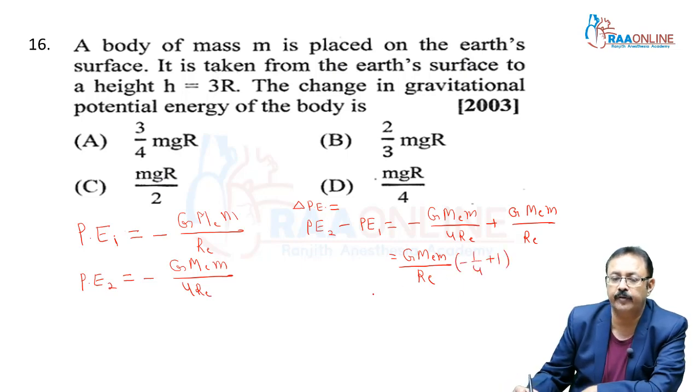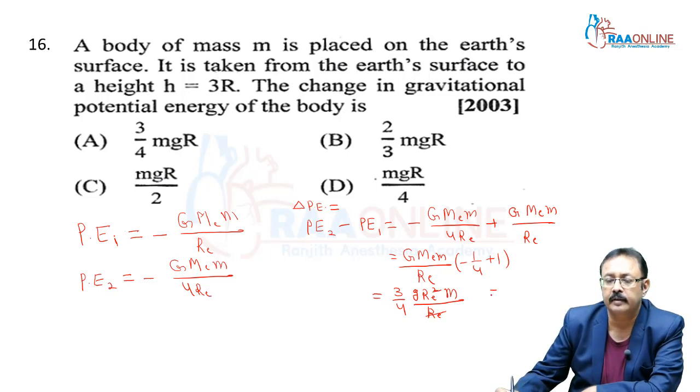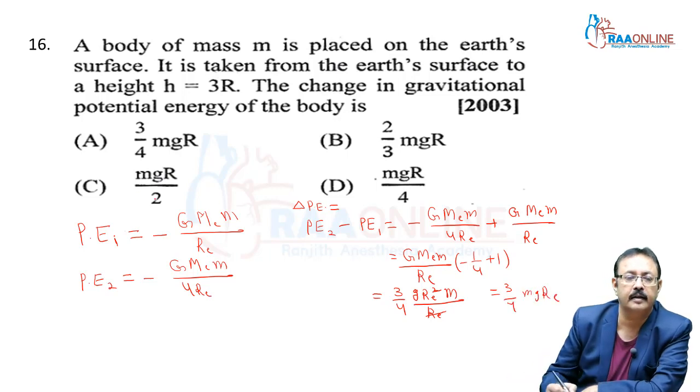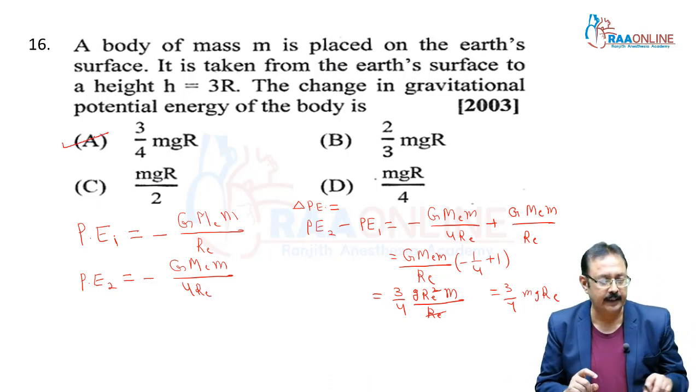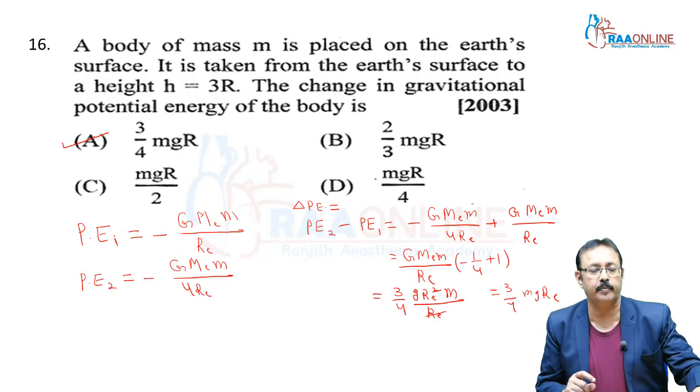So it is 3 by 4. Put G Me as g Re square. Cancel 1 Re. So what we are getting? 3 by 4 m g Re. So we are going with A. In next slides, we will discuss remaining problems.